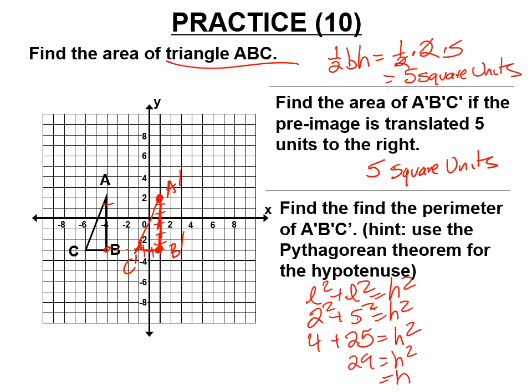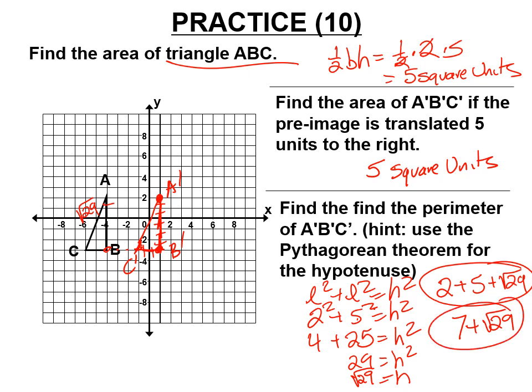Yeah, the hypotenuse there is the square root of 29. All right, so we have square root of 29, we have 2, and we have 5. Well, how do you write all that? Well, you write that as 7 plus the square root of 29.